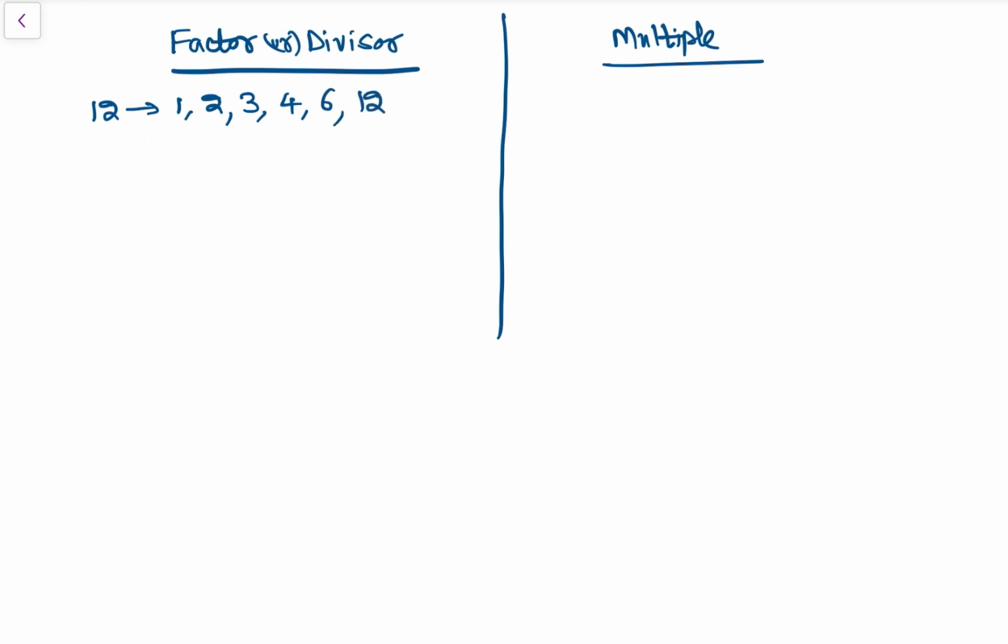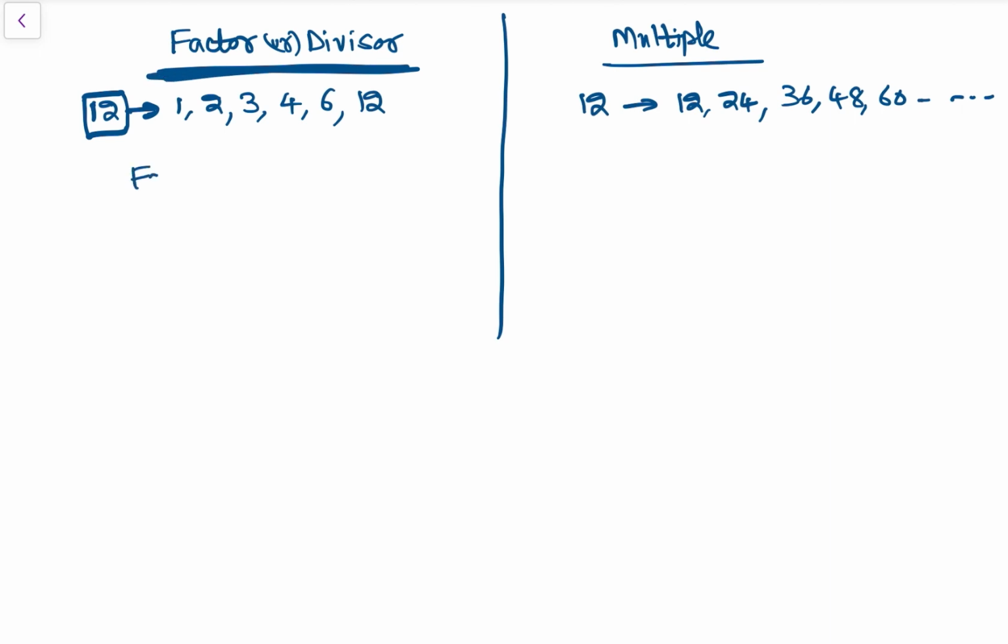These are factors of 12, right? Factors of 12 we have seen. And on the other hand, multiples of 12 are what? Multiples of 12 are 12, 24, 36, 48, 60, and so on. So if we see, हमेशा factor is less than or equal to the number.